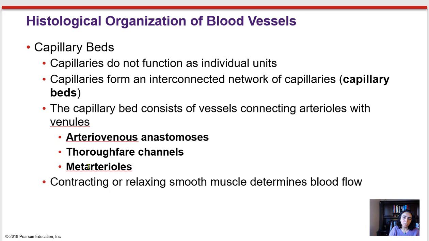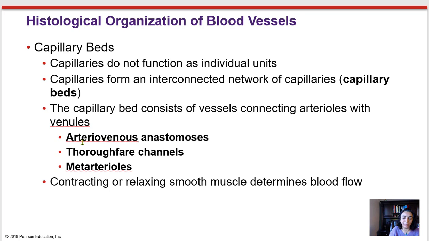So let's take a closer look at capillary structure. These are the ones that we have over there. Arteriovenous anastomosis. Anastomosis is a connection, right? When these two are connecting to each other, not through the capillaries, right? Through another vessel.